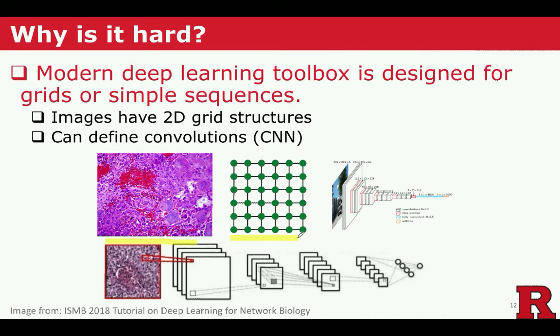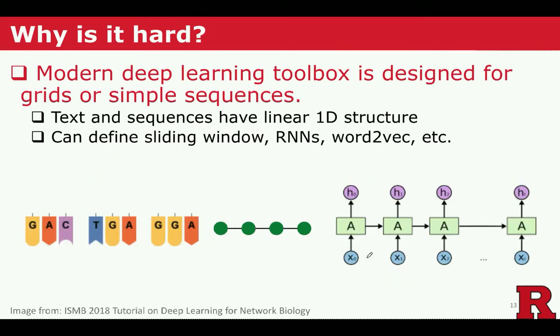It basically has this kind of 2D grid structure, and because of the regular structure, we can design convolutions. Text and sequences have a linear one-dimensional structure, and because of this structure, we can define sliding windows, recurrent neural networks, and so on to handle this type of structured data.